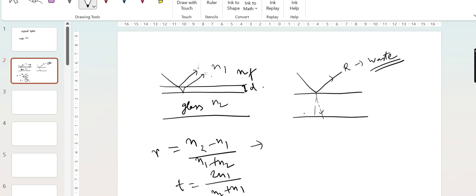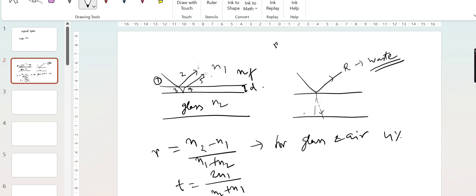From this we can see the reflection loss for glass and air. Let the rays be 1, 2, 3, 4 and 5.